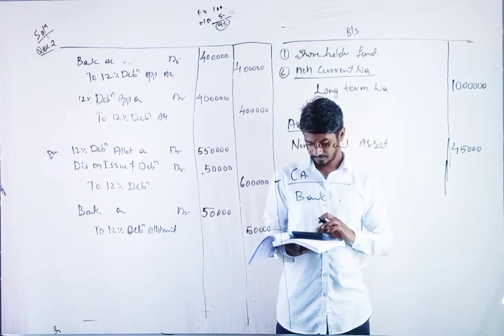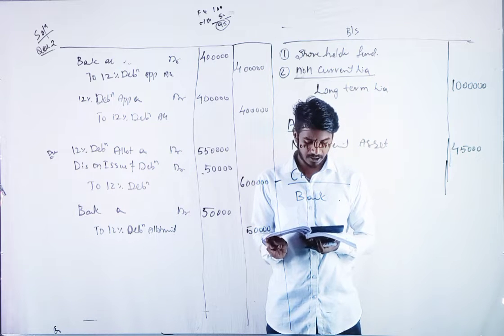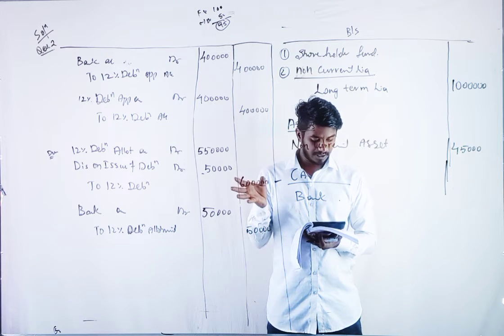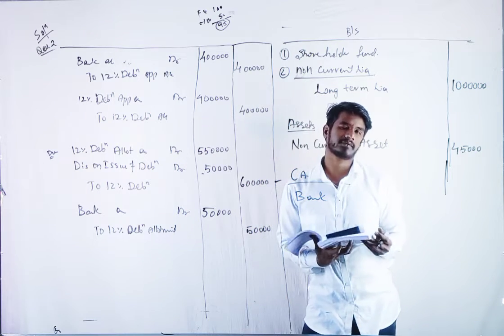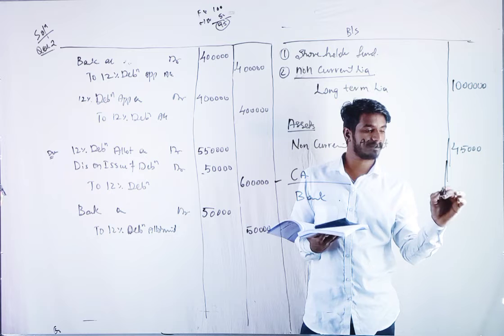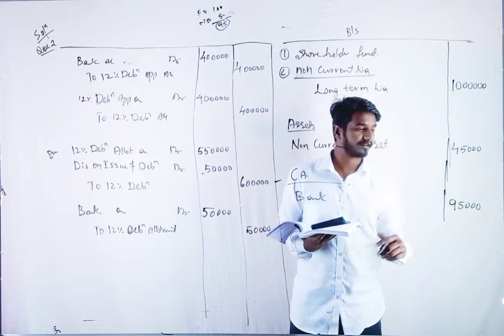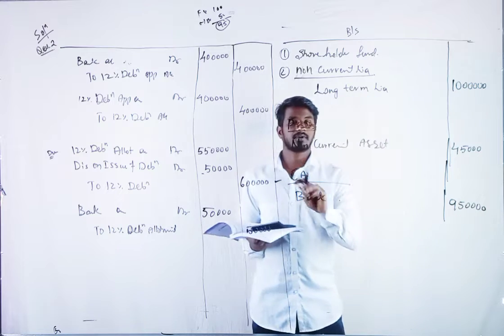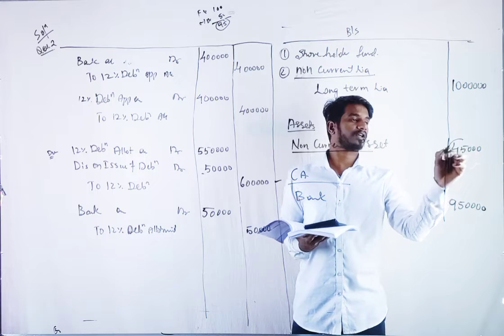How much? Out of 10 lakh, we have received 9 lakh 50,000, as we have given a discount of 50,000. Okay, fine.